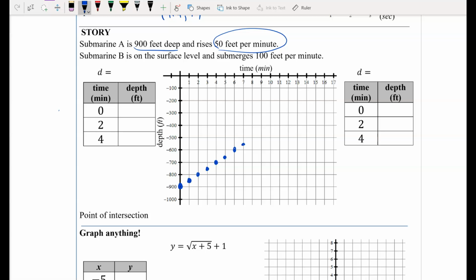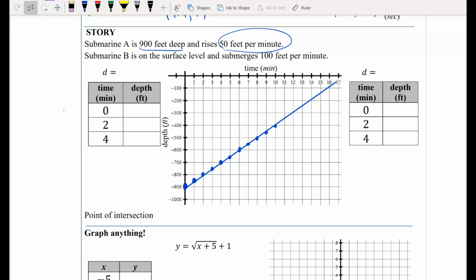So we get this series of points that lie on a line, and we can actually connect those with a line. We can write an equation to represent the depth of submarine A by letting the time be x and the depth be y, and you can use other letters for that. You could use t for time, and you could use d for the depth.